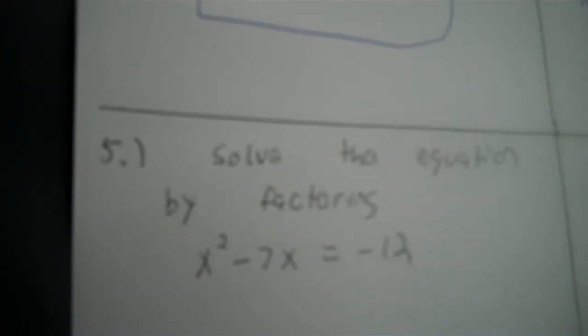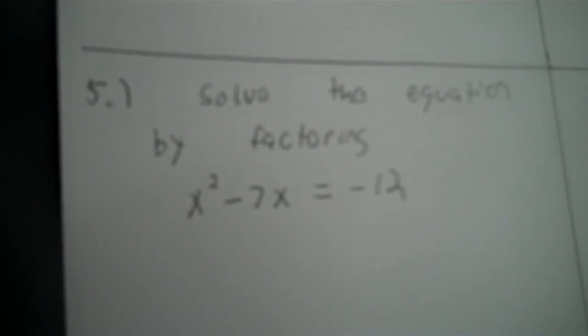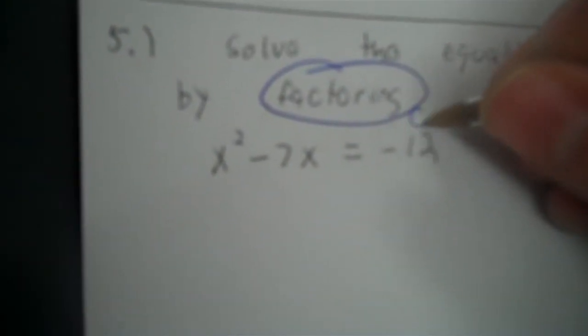Okay, next problem. Solve the equation by factoring. X second minus 7x equals -12. Factoring again. So to find your 2 answers, because you have x this second, you are going to factor. So equals 0. Well, you need to get 0 in the equation then.